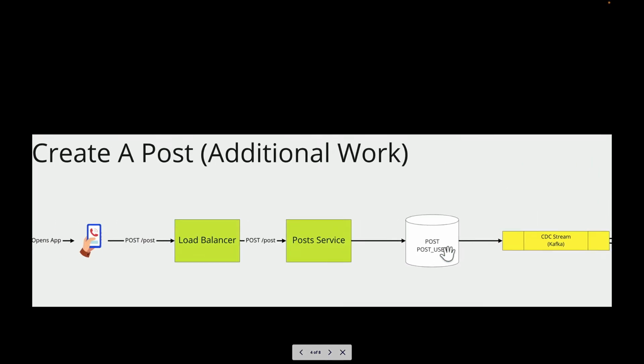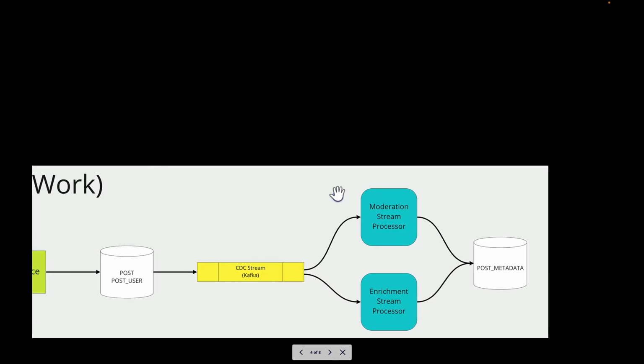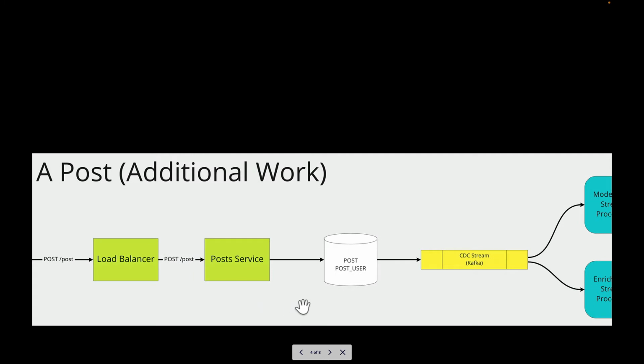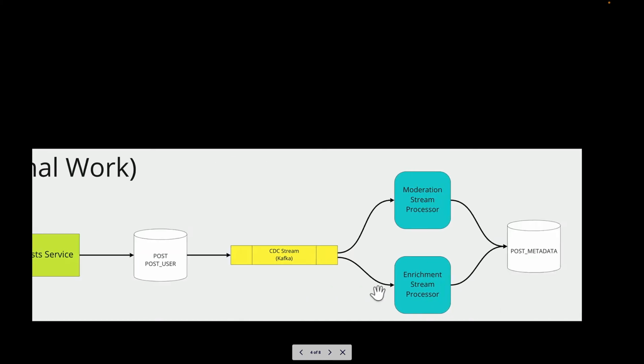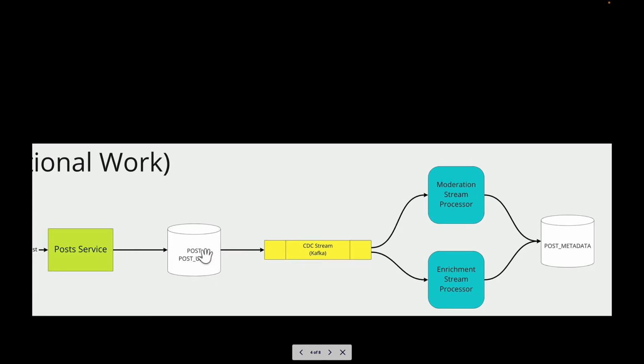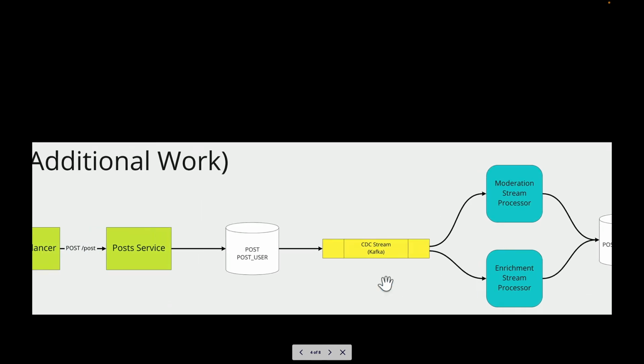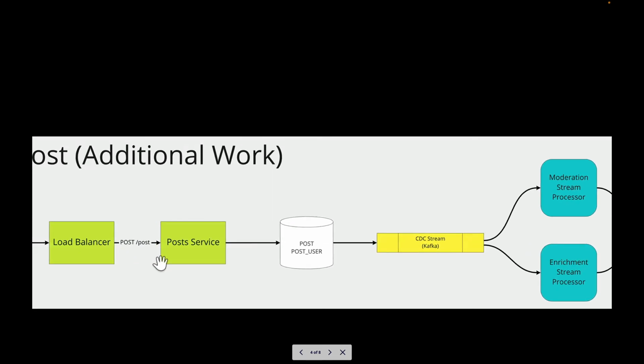So of course, you could make an argument about doing all these work, the work we talked about over here, in the post service. But the problem with that is you make the HTTP request that the front end is making blocking if you do it that way. So then all these things, which might take much longer than just storing the data in the MySQL table, you don't want to do all those things as part of the HTTP request coming from the front end.